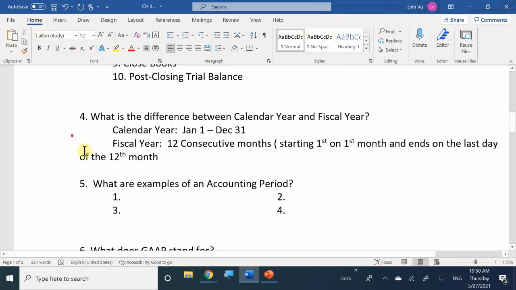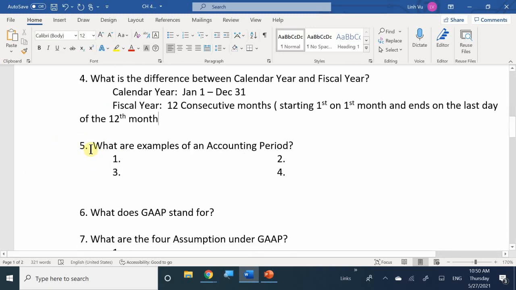Good. Number 5, what are examples of an accounting period? Monthly, good. This is examples of an accounting period. How can you break it down? Daily. You could do it every day. Good. Annually. You could do it annually.